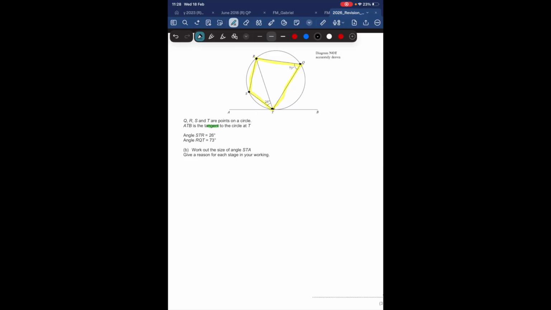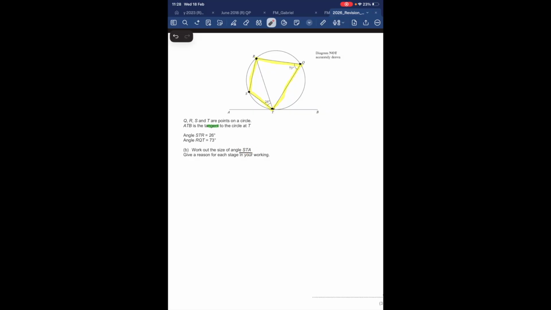Now, a general rule: don't focus on the angle that they're actually asking you to calculate. So they want us to work out this angle STA. They want this little angle here, but don't focus your attention on that. Try and work out other angles, as many angles as you can, without focusing on the angle STA.